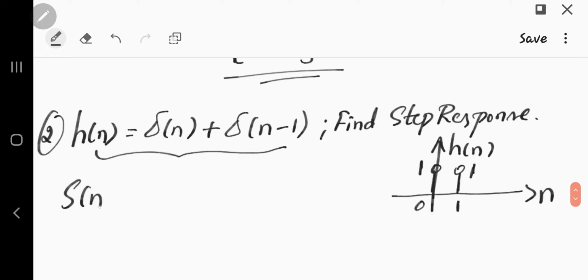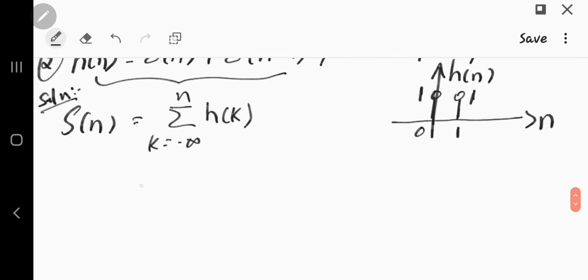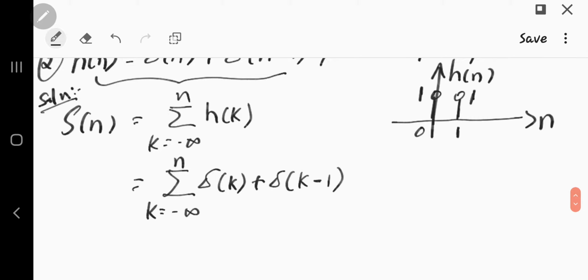Now based on the definition, we can write the sum over k is equal to minus infinity to n of h of k. Now if you substitute h of k here, k is varying from minus infinity to n, delta k plus delta k minus 1. Now we observe the signal, whatever n value we take, we have to substitute based on that.